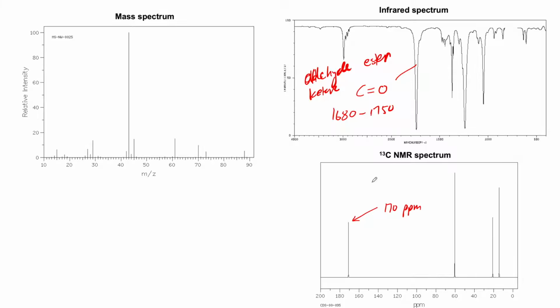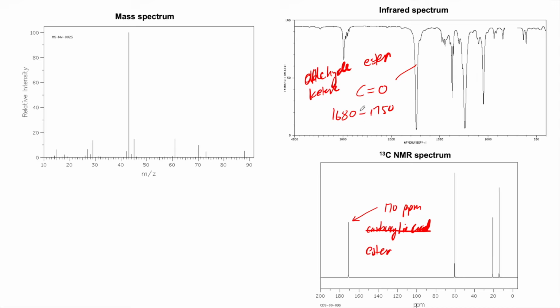If you look onto the data sheets, you will see that this corresponds with either a carboxylic acid absorption or an ester carbon absorption. If we correlate this finding to what we said in the infrared spectrum, we can cross out the possibility of it being a carboxylic acid. As I said earlier, a carboxylic acid will also give you an oxygen-hydrogen absorption on the far left-hand side of the infrared spectrum.